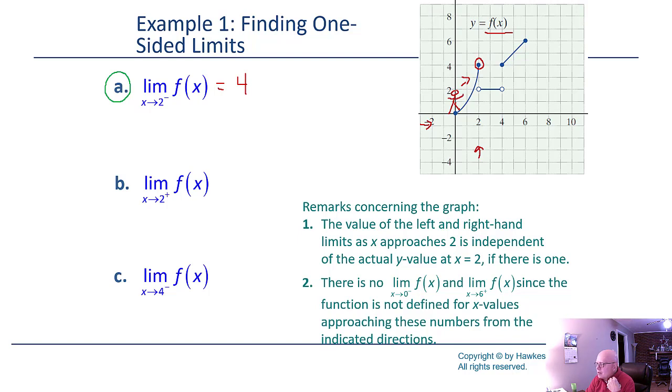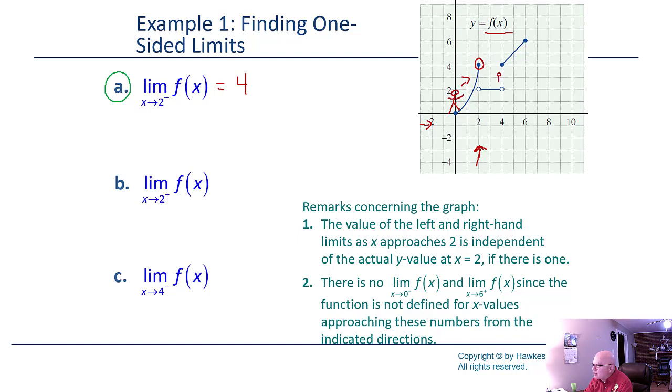Now, the second one says, how about x approaching from the right? So this time, we're still looking at getting close to this, but we're coming in this direction. Right here, the function is a line. We're approaching from the right.